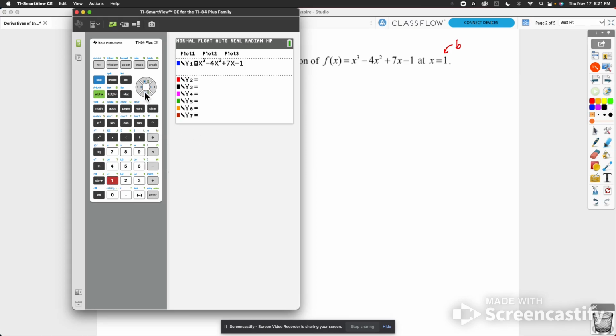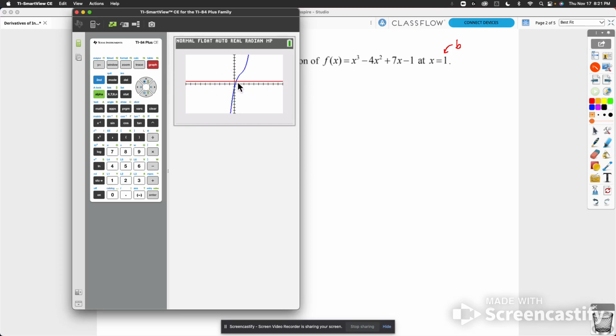So on y sub 1 we have the given function, and on y sub 2 we type in b, which is equal to 1, and then we graph, and then we find that intersection.